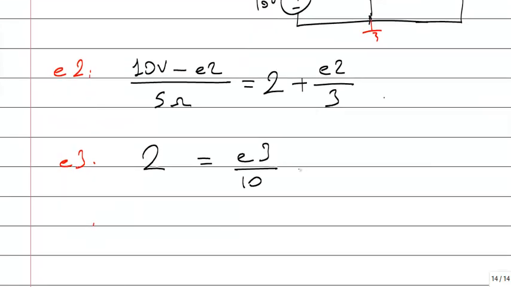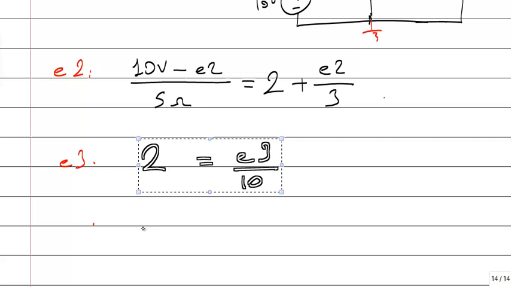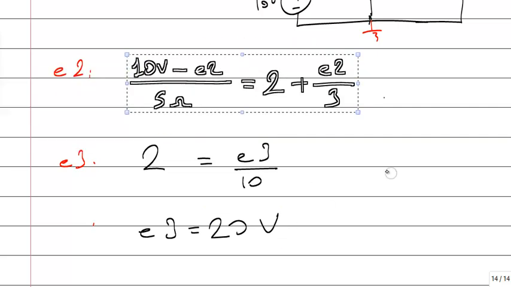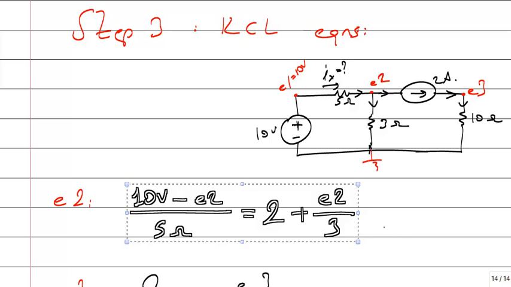So what's E3 here? You can find E3 easily. E3 is equal to, if you write E3, you can directly find E2 from here. Then question, what's IX?